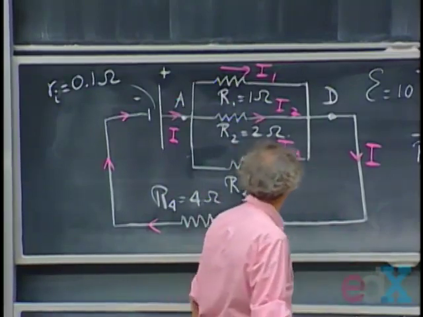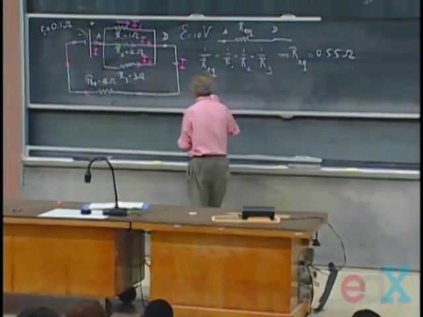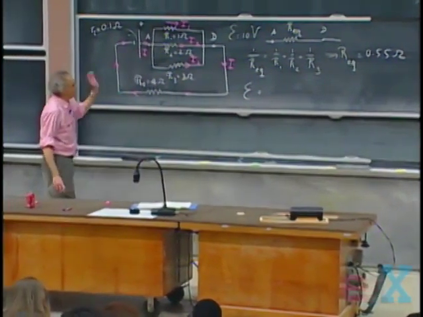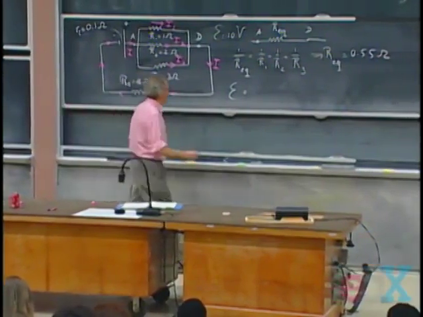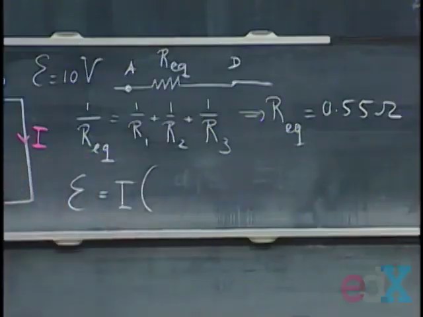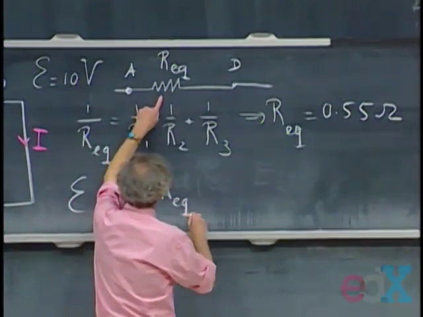Now it's trivial to calculate the current I. I use Ohm's law. Ohm's law says that the potential difference that is available by the battery, E, which is 10 volts, is now the current, the total current, times all resistances along the road. I go once around. I have here R equivalent.